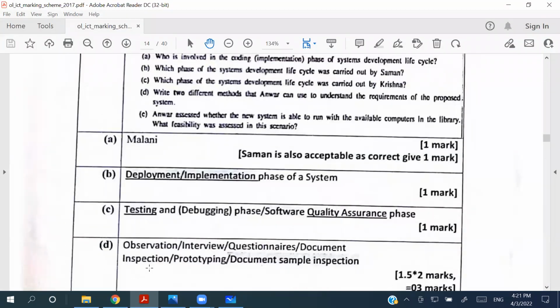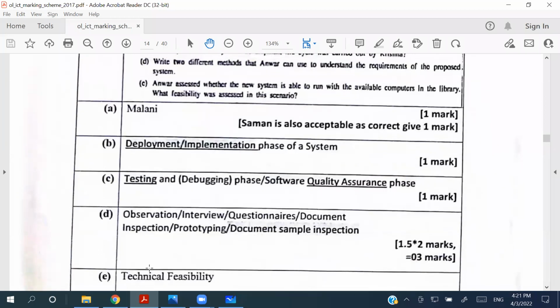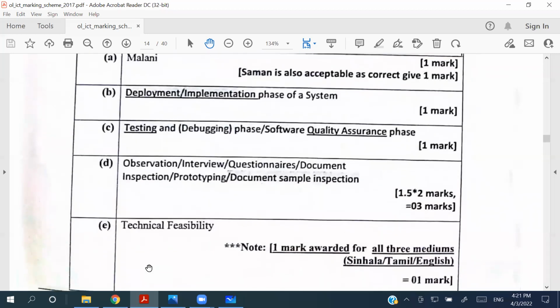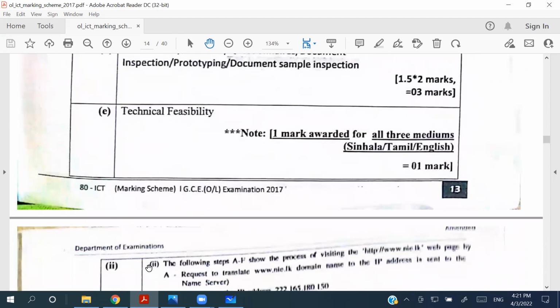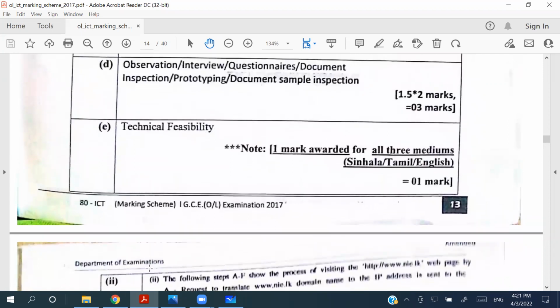Right? So these kind of things: observation, interviews, questionnaires, document inspection, prototyping, document sample inspections. So 3 marks for that part. And the part E is not in your syllabus. So you can take that 1 mark, the feasibility study.